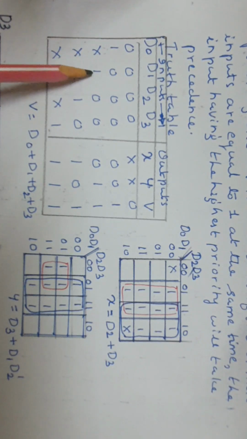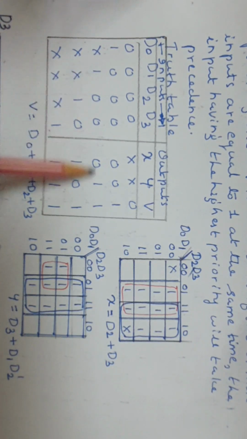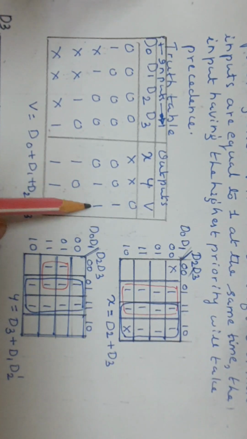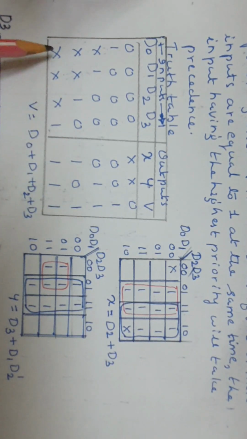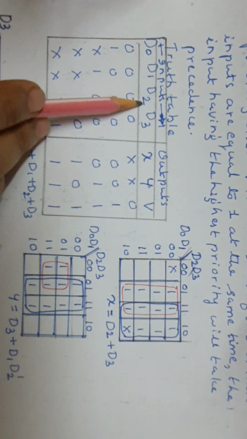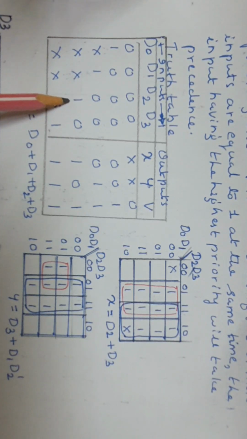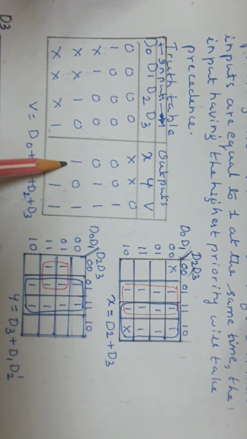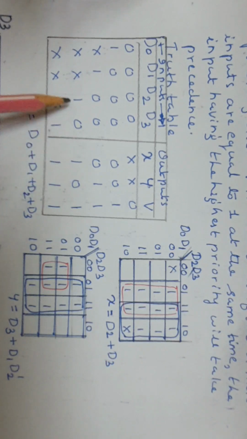Now if D1 is 1, the output XY is 0, 1, and the valid bit is also 1. If D2 is 1, whatever be the bits on D1 and D0, priority is there for D2, hence the output is 1, 0, indicating D2 is active.